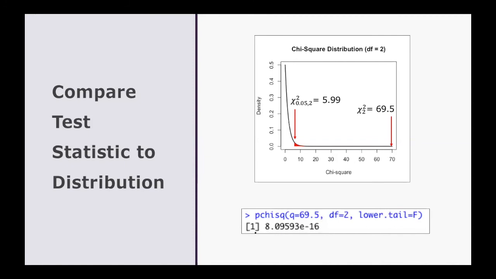And we can use some code in R using the pchisq function, specifying our test statistic, our degrees of freedom, and that we want the upper tail of the distribution. And we see that that value is very small, 8 times 10 to the minus 16.